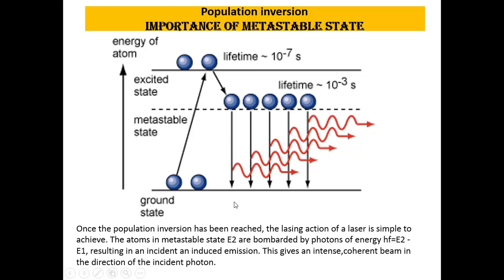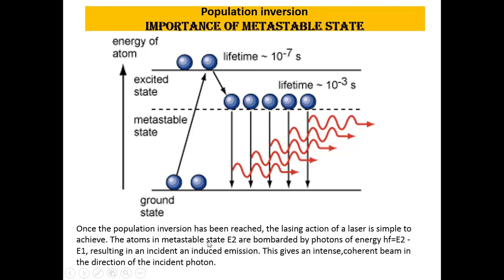So this is one of the importance of the metastable state, and that is why we like to create metastable states whenever we want to devise any laser device, because the metastable state helps us create a particular state from where most of the atoms or electrons can be simultaneously brought back to the ground state by emitting millions of photons and thereby achieving the lasing action. Is that okay?